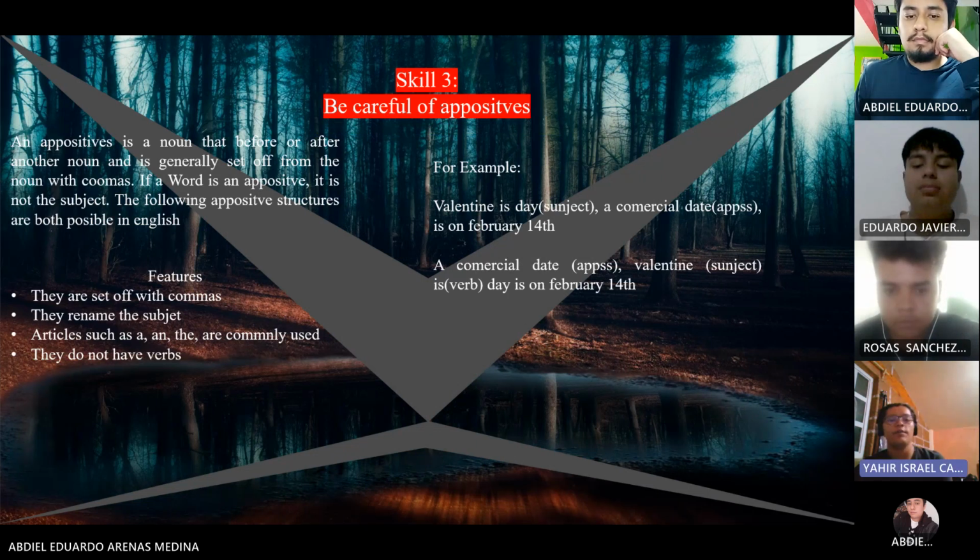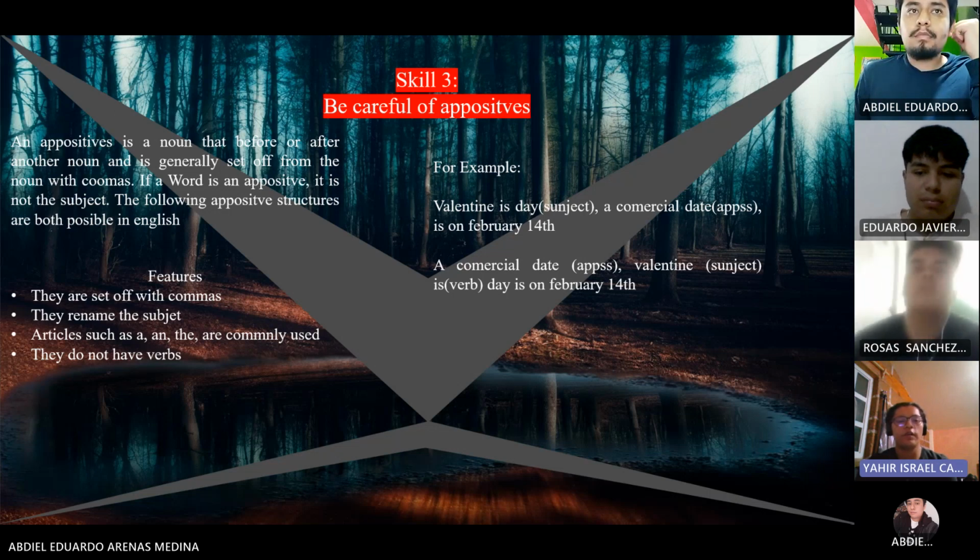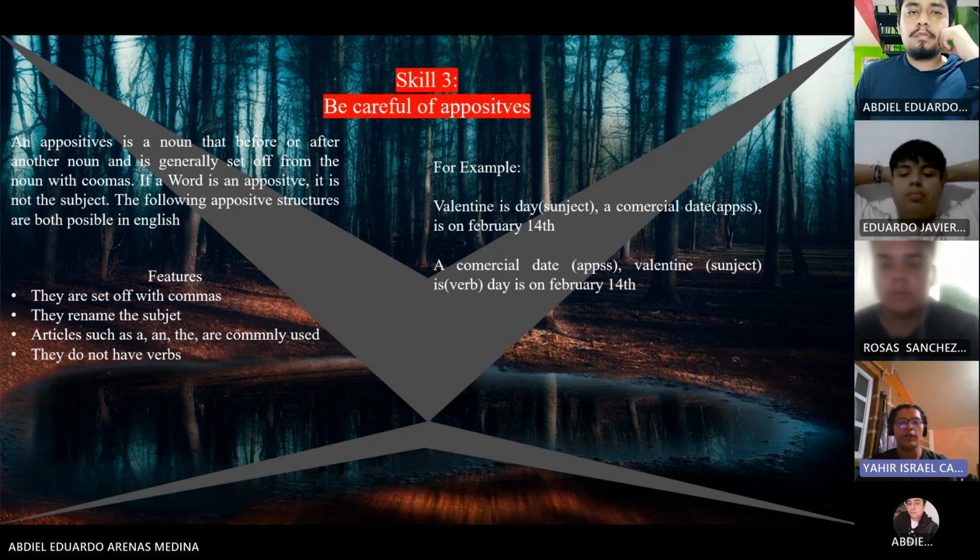Skill three. Be careful of appositives. An appositive is a noun that comes before or after another noun and is in general set off from the noun with commas. If a word is an appositive, it is not the subject. The following appositive structures are both possible in English.